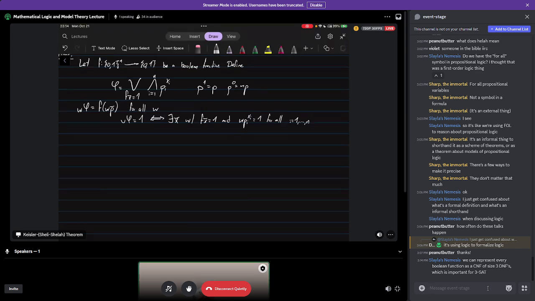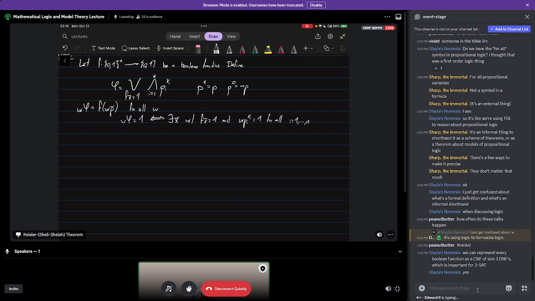Yes, no, it's not of this 3ds, but that is that every Boolean function can be represented by a CNF with, is it 3 disjunctions? Yeah, I think it's 3 disjunctions, or every conjunction. I can't remember. I did a course in this, but I forgot already.